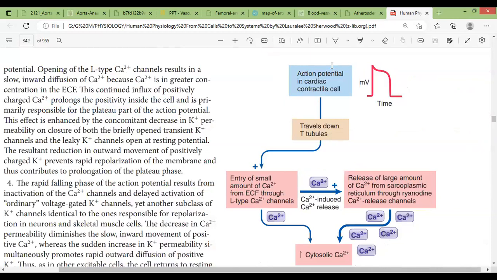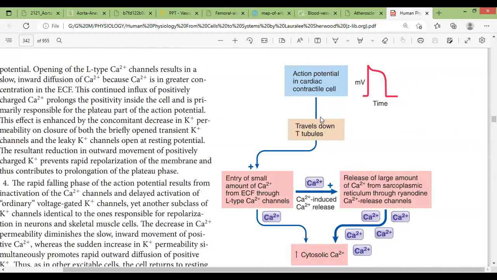Action potential in the cardiac contractile cell will travel down the T-tubules, and then that action potential will open some voltage-gated calcium channels, right? There'll be entry of calcium from outside due to that voltage. Then that entry of calcium from outside will trigger the sarcoplasmic reticulum to release its calcium.